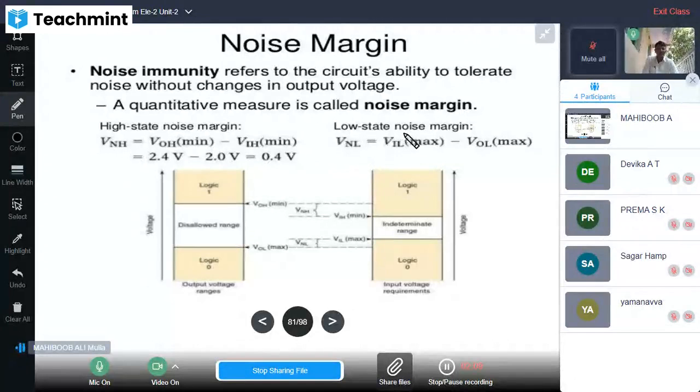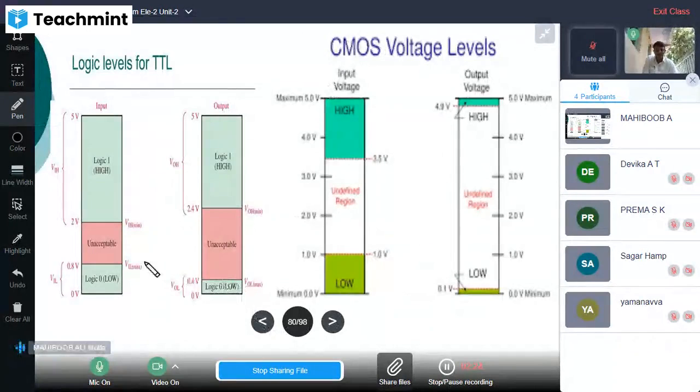Similarly, low state noise margin. This is high state noise margin. Low state noise margin is VIL max minus VOL max. VIL maximum is 0.8.